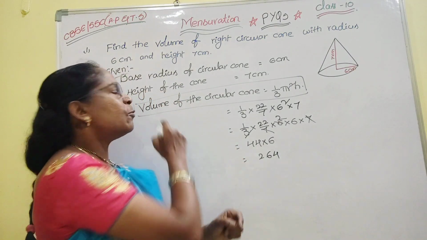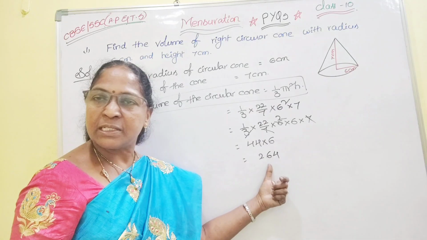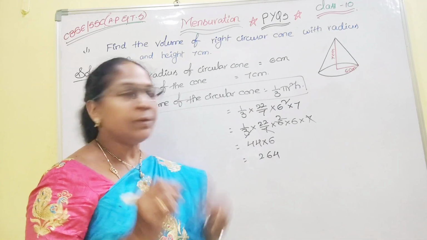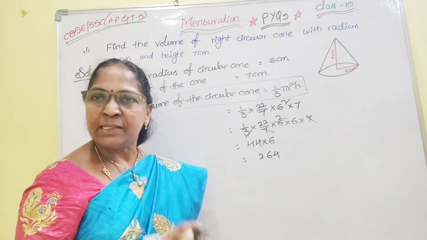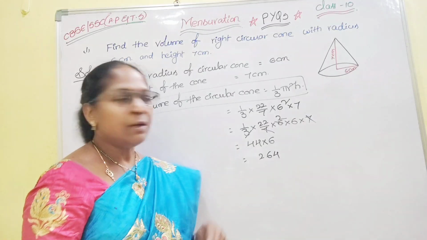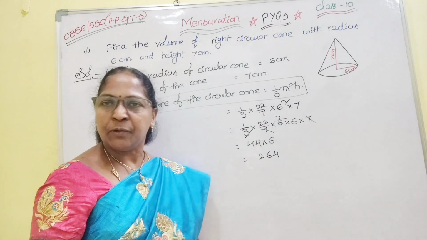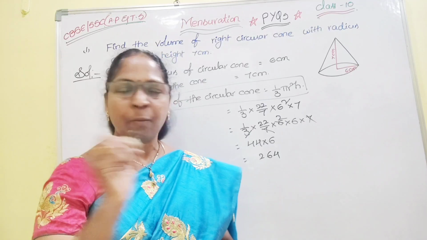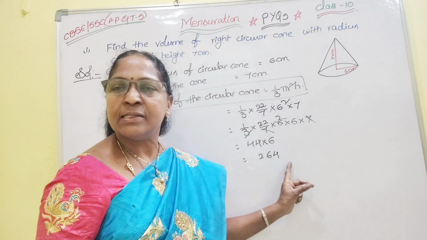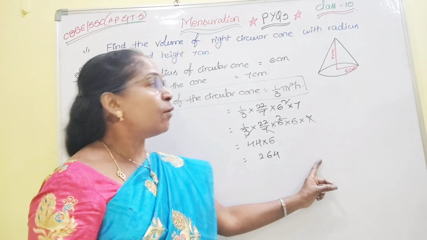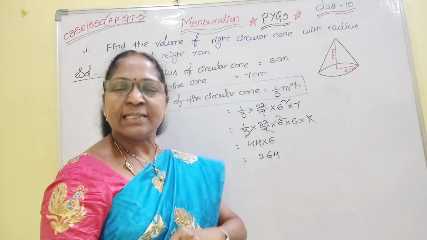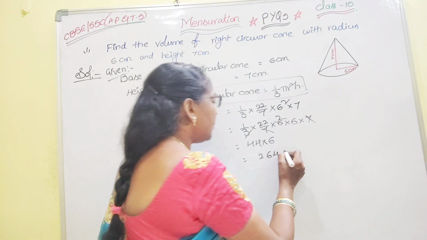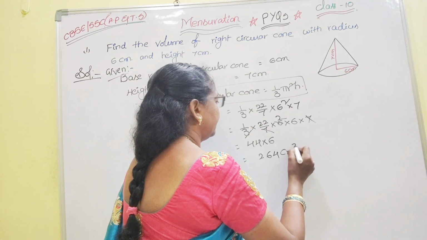Here, what is the unit of volume? Volume means three dimensions multiplied, so cubic units is the unit of volume. That is very, very important. Here the units are centimeters, so you have to write centimeter cube.